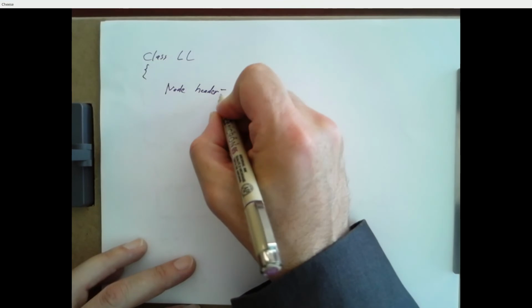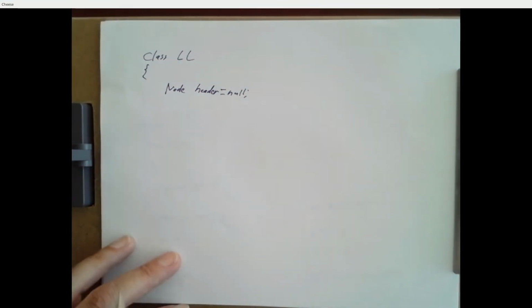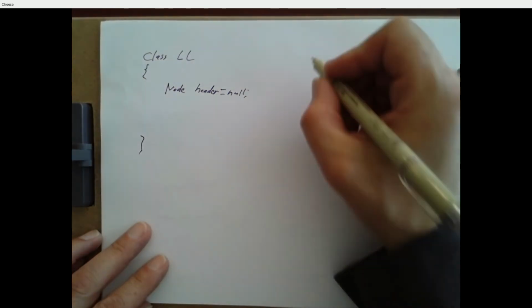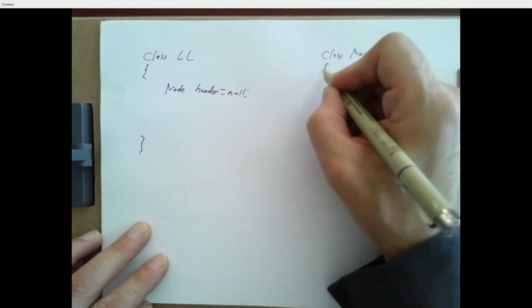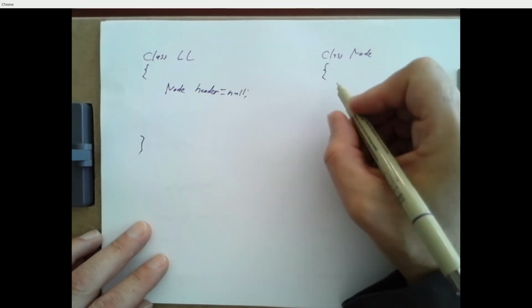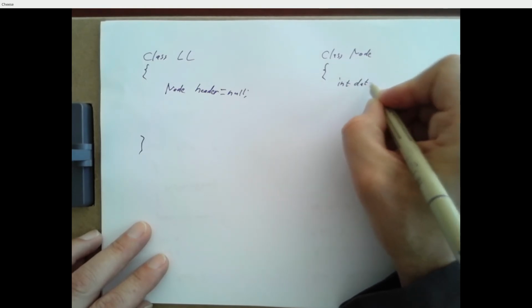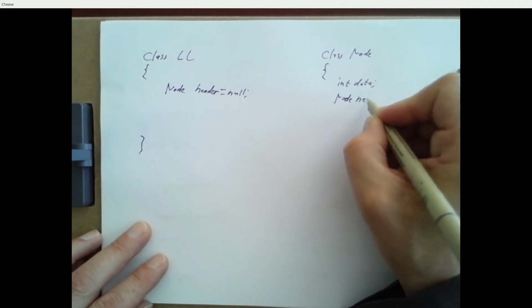I'm just going to call it header here. And we might initialize that to null if we don't have a sentinel. And that header is usually of type node, and class node might look like this. It's got an integer data, and it's got a node next.